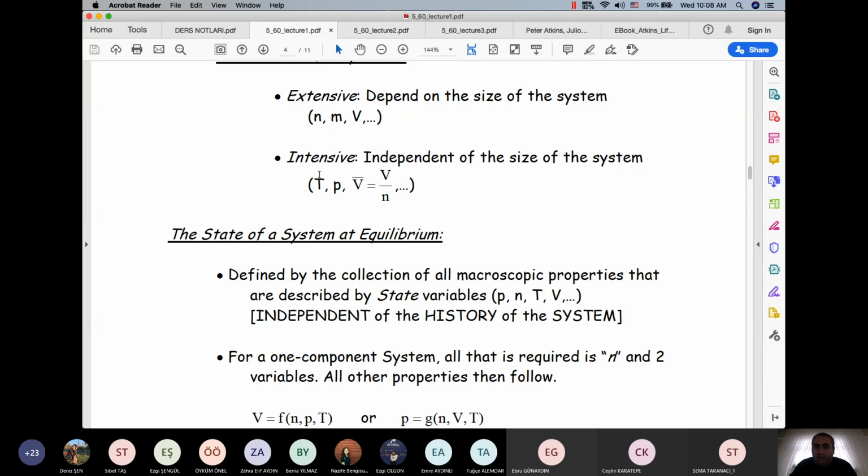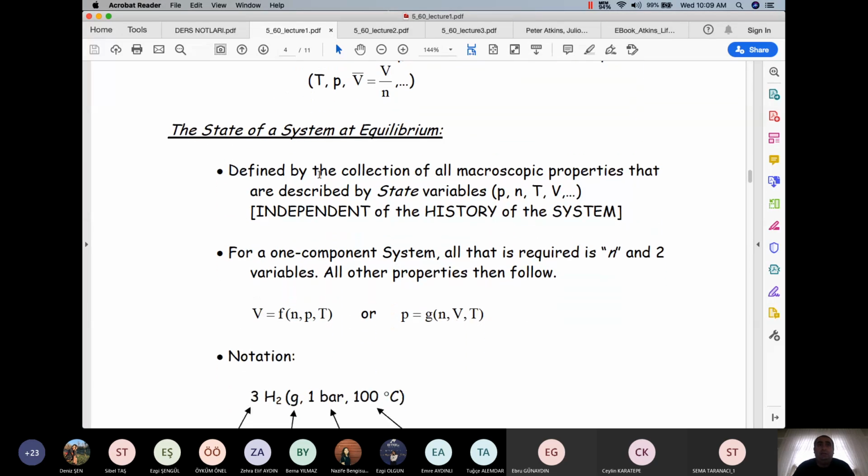So instead of saying this number of moles of sodium chloride in this water, we just say this is the concentration of it, because this is more universal. And when someone takes some other size of the system, they don't find a numerical value different from what you have already mentioned in describing the system. So intensive properties are more preferred to describe the system.